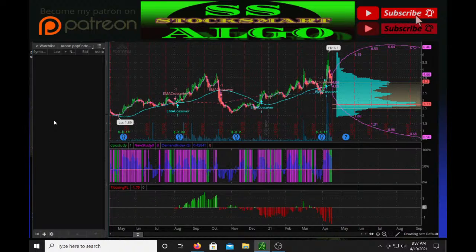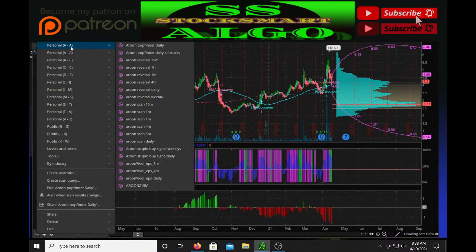So what we do is we take a custom scan and create another custom scan that creates a loop and hides the code, keeping it safe from prying eyes or people who might wish to steal it. I did figure that out. As you can see, it isn't showing up with anything on the watch list here. So Pop Finder and Pop Finder Daily, it's the same scan.